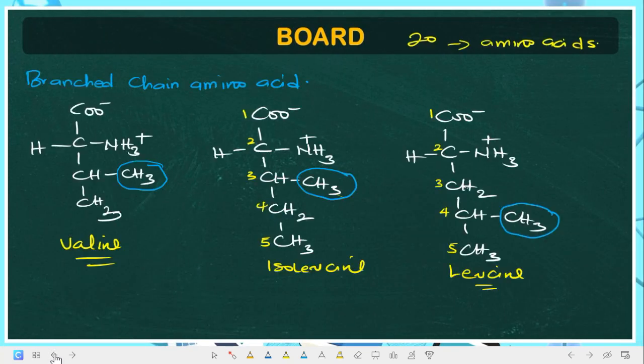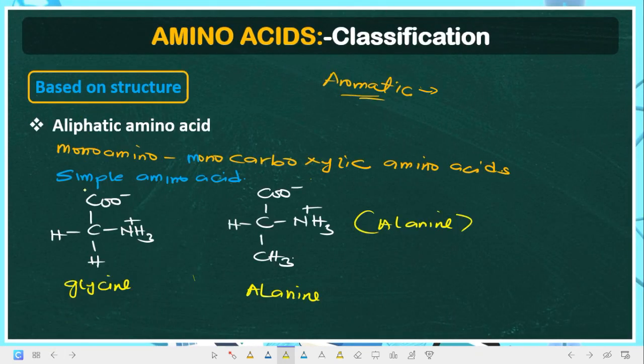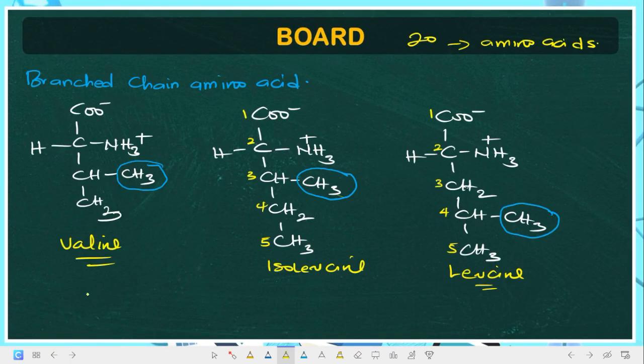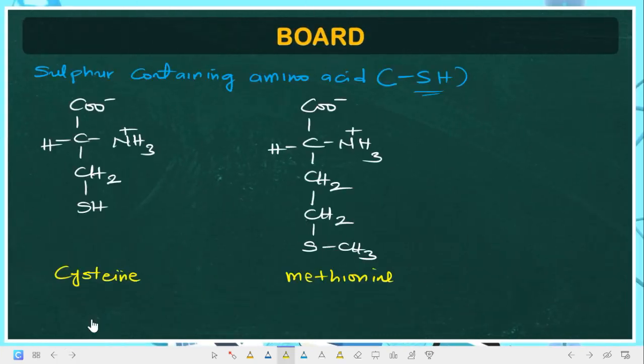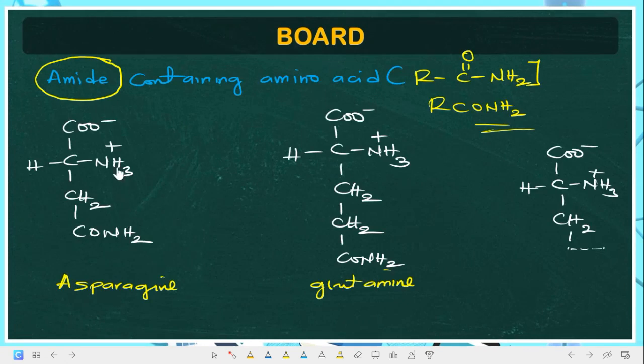Under monoamino, monocarboxylic, we talked about the simple amino acids. Under this one also we talked about the branching amino acids. We talked about the hydroxyl amino acids. We talked about the sulfur containing amino acids. And then we have the amine containing amino acids.